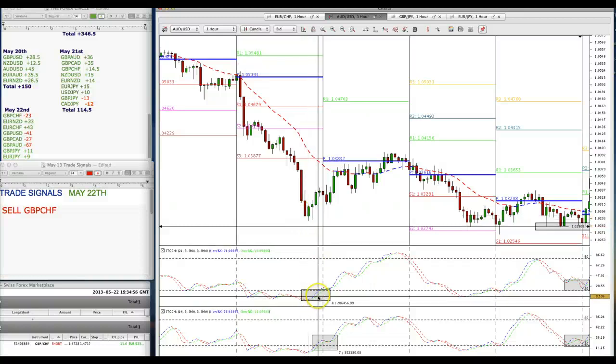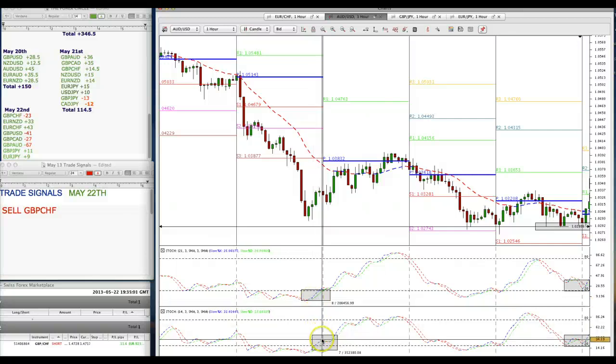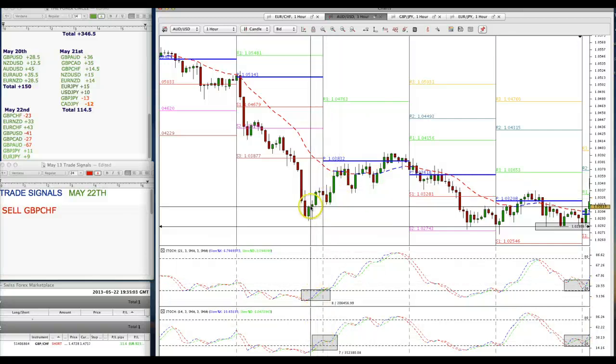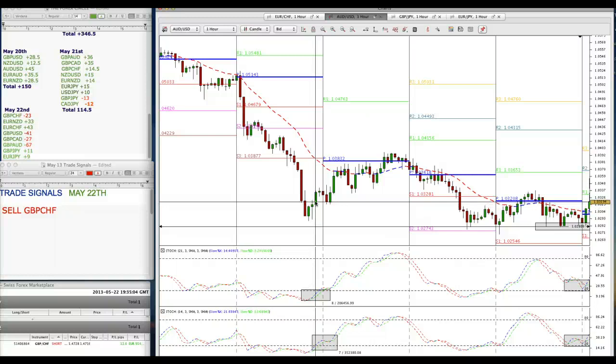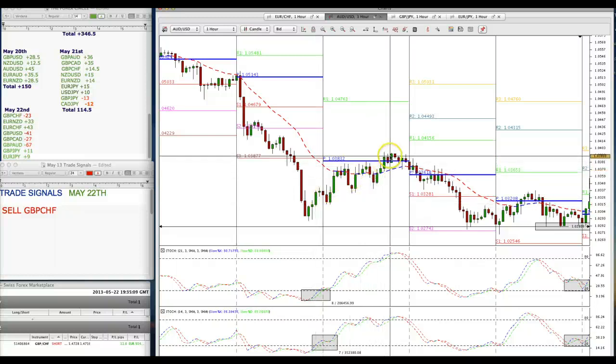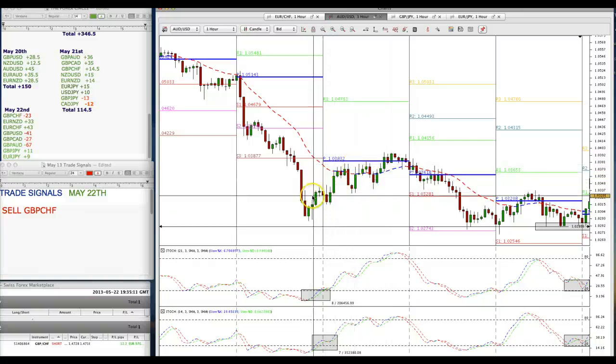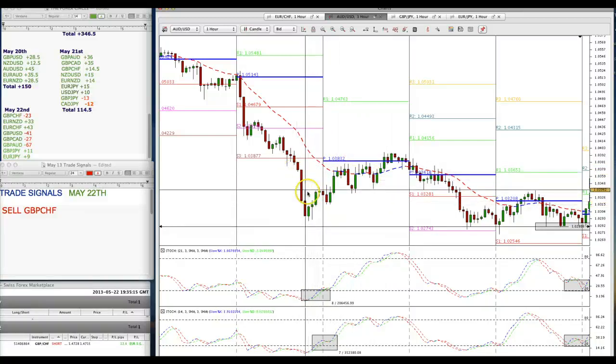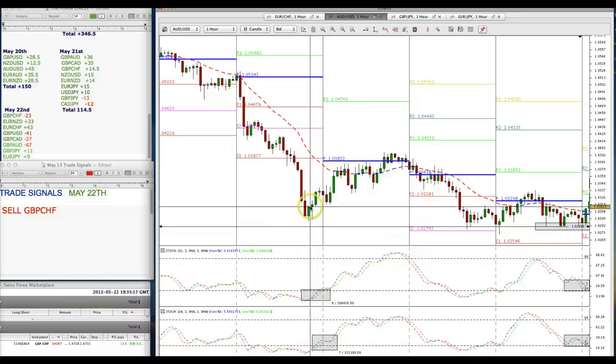Number two, the stochastics indicator is oversold on both the 21 and 14. We have a color change candle, and we take a trade 8 pips above that, and stay in that trade, make 20, 30, 40 pips, it doesn't matter. The fact is, you recognize that the market is completely oversold, and we have a color change candle.